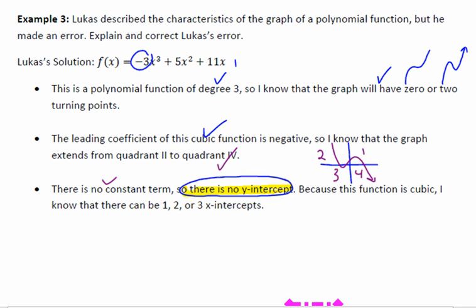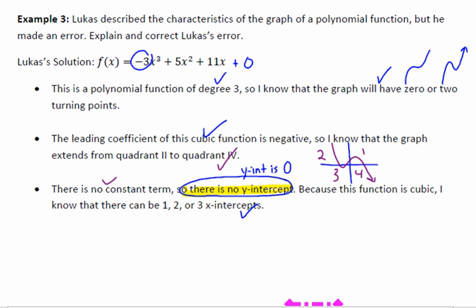It's there, but it's just plus what? 0. We don't write 0. So our y-intercept would be at the origin, 0. That's his mistake. Because the function is cubic, I know that there can be 1, 2, or 3 x-intercepts. Is that true? Yes. Because the degree is 3, we have a maximum number of 3 x-intercepts.